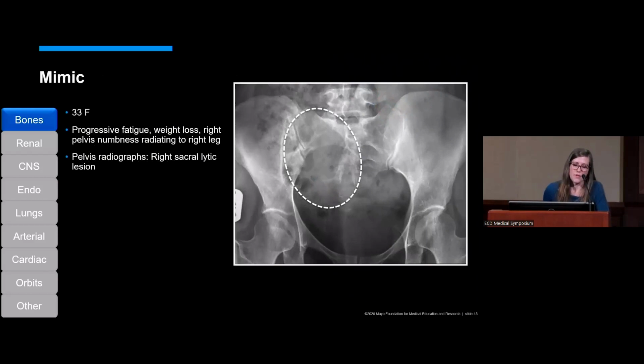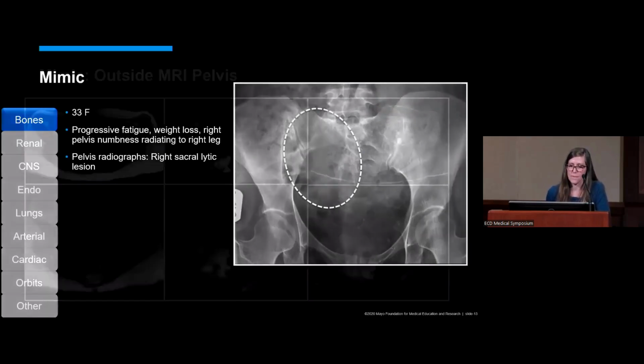This is a 33-year-old female. She had progressive fatigue, weight loss, and right pelvic numbness that radiated down her right leg. On her pelvic radiographs here, you can see outlined in the circle a lytic lesion in the right sacrum.